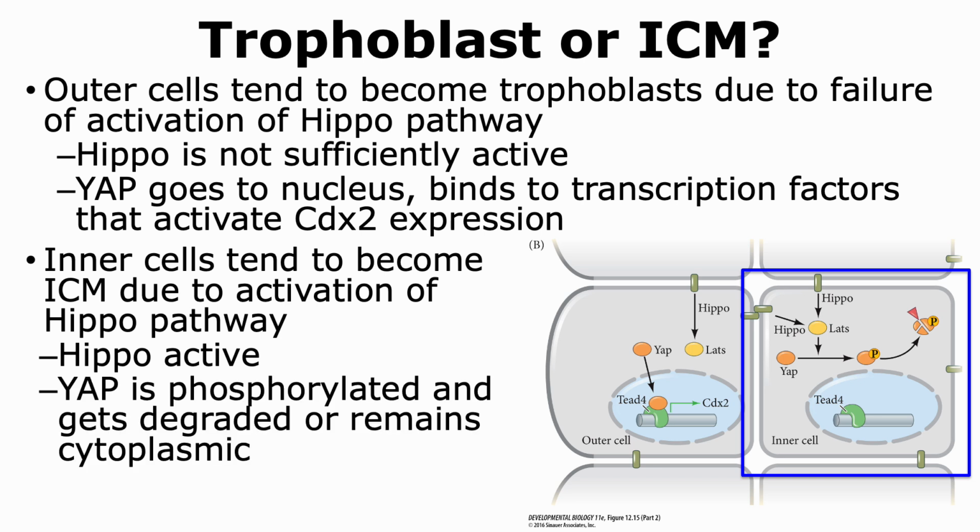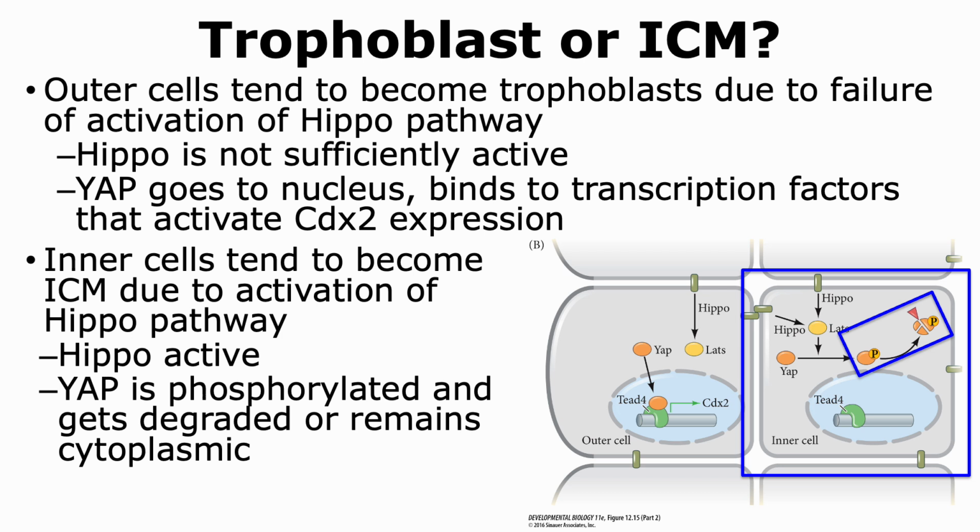Now, when Hippo is active, it will phosphorylate YAP, and phosphorylated YAP gets degraded or remains cytoplasmic depending on the organism. Now that is what is shown here, where in the case of the inner cells, YAP gets phosphorylated and phosphorylated YAP is degraded.